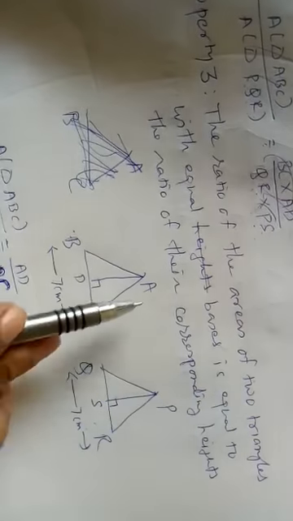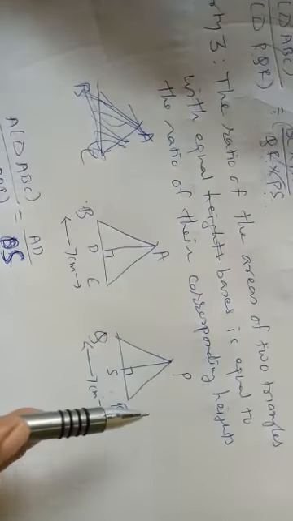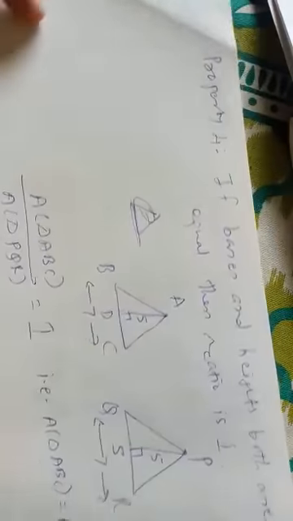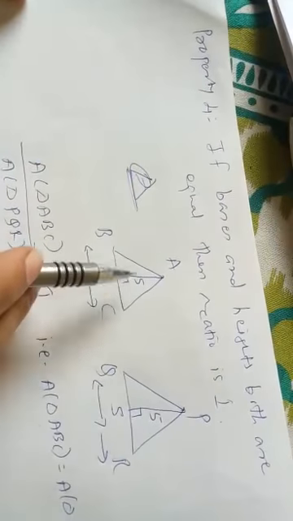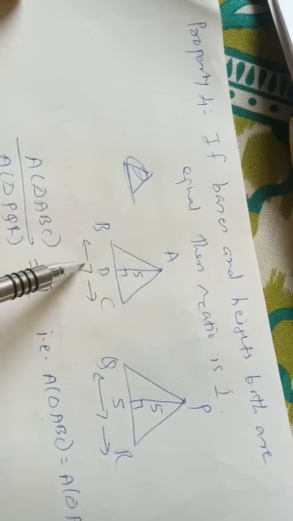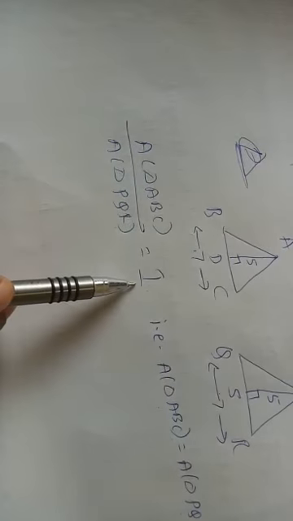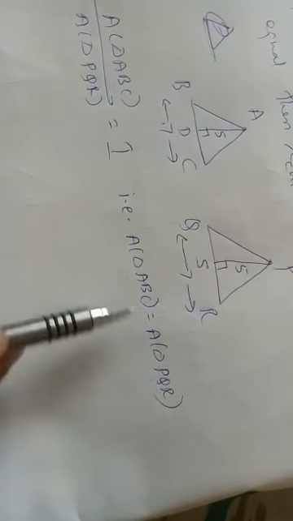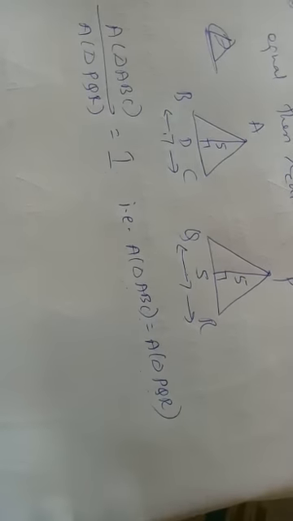Now in third property, suppose their bases are equal, then we have to consider their heights AD upon PS. And in fourth property, suppose both are equal. Here you can see heights 5 cm, 5 cm, base 7 cm, 7 cm. Then we have to consider their areas ratio as 1, that is their areas are equal.